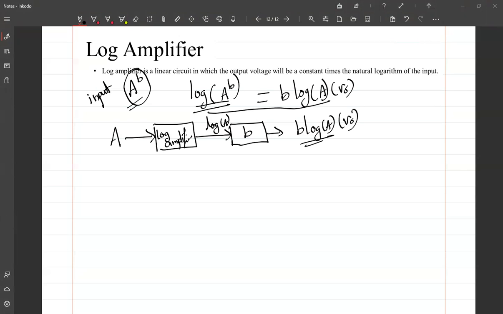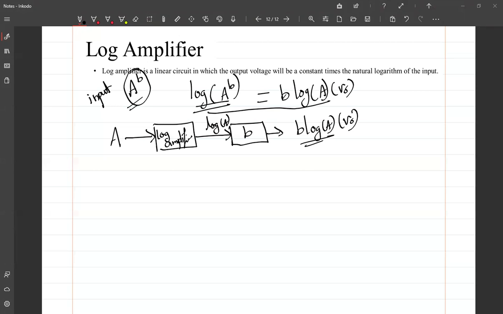For those purposes, we go for the log and anti-log amplifier.